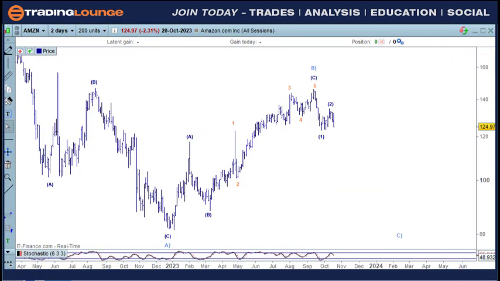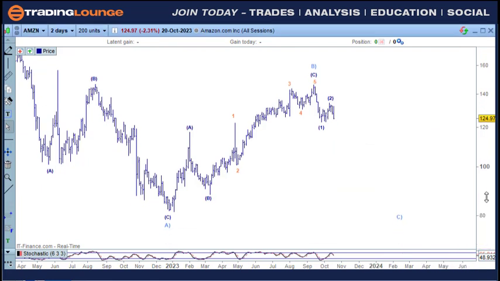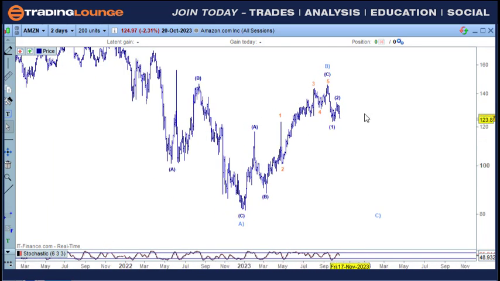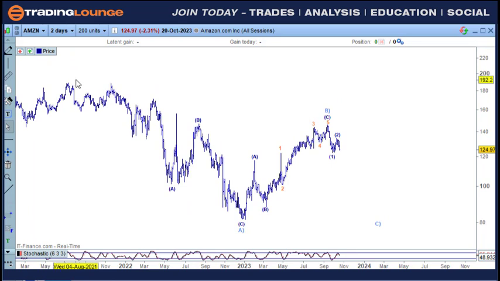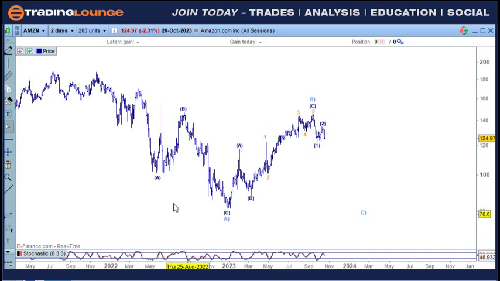This is Amazon here, and this is the bearish count. So once again, the whole move down from the top here is corrective. So that's the good news.